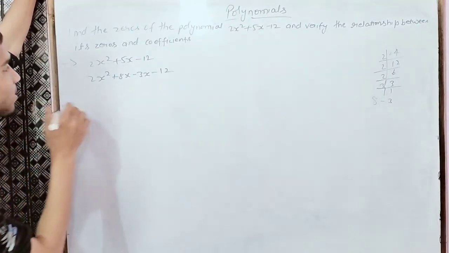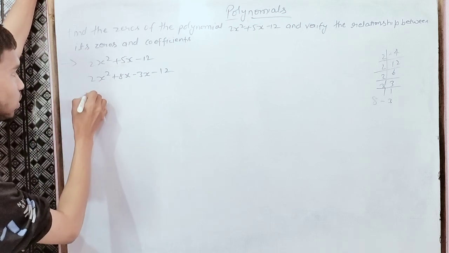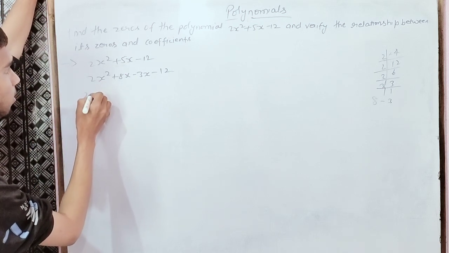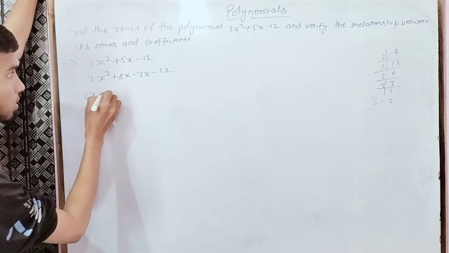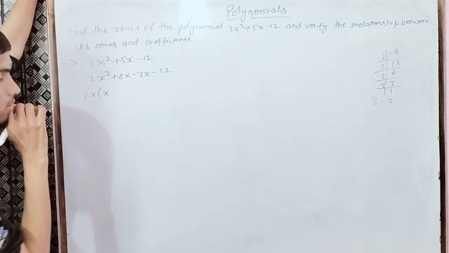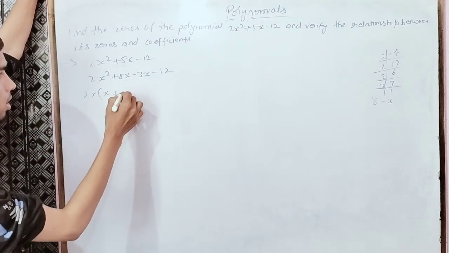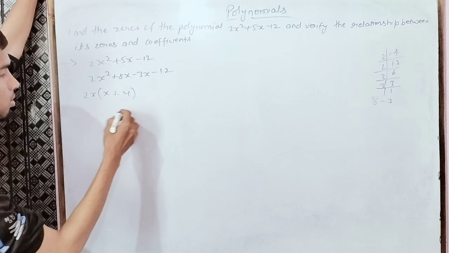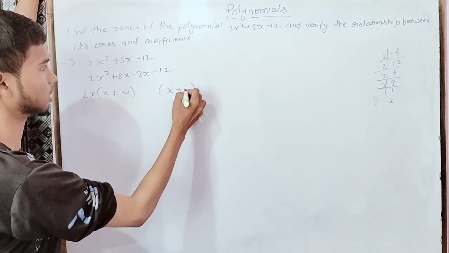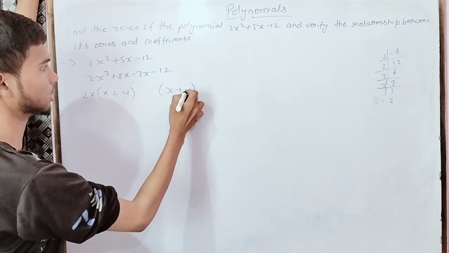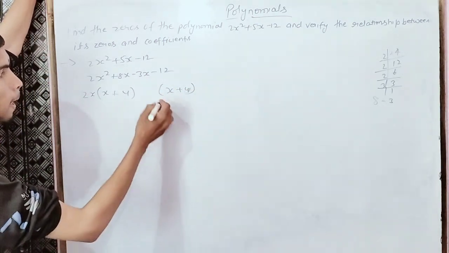Next what we will do, we will take common 2x, so here it will be 2x square plus 4, and you can write this here, x plus 4. We will take these two brackets as common.